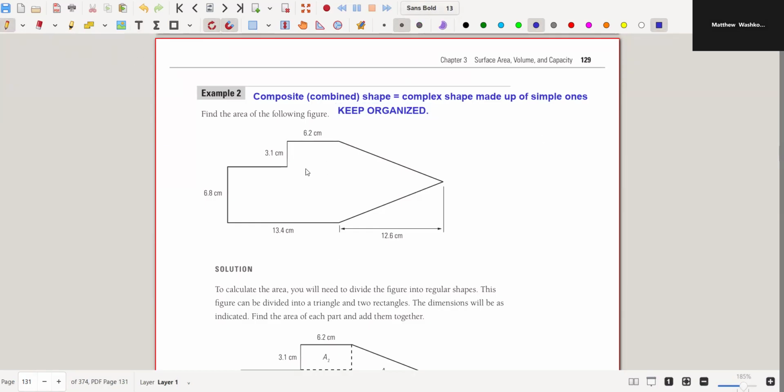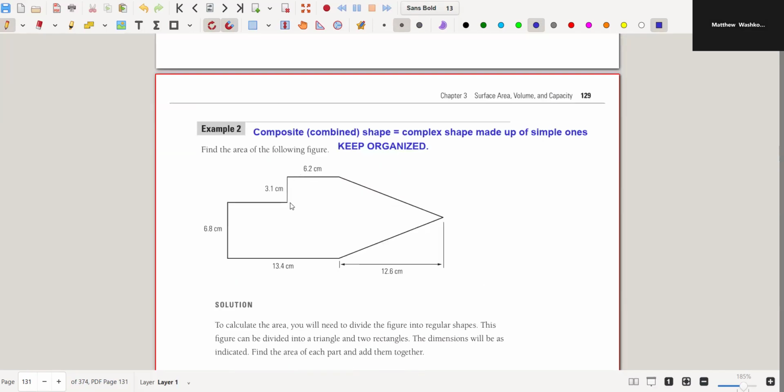There's a couple ways to do this. One is I could separate it like this. Oh, that's a rectangle. And oh, here's a triangle and here's a rectangle. So I could go, here's shape 1, 2, and 3.